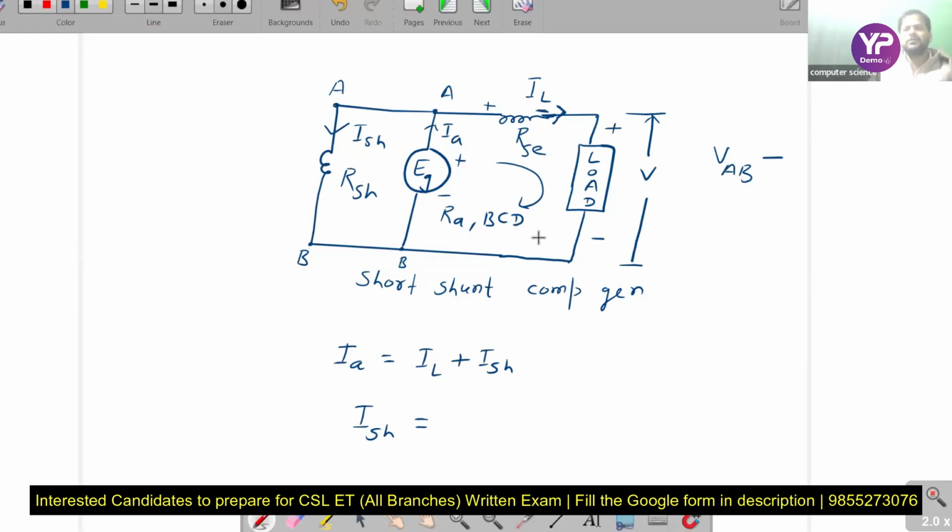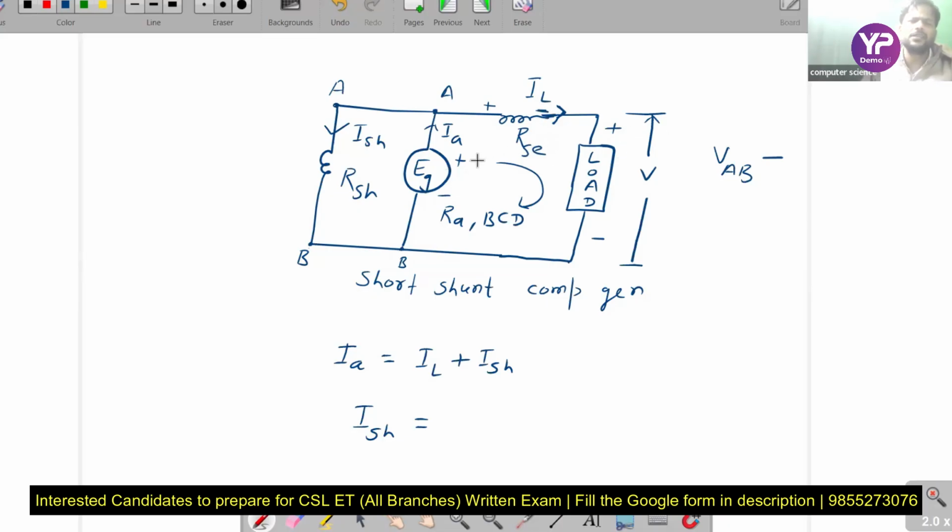To write down the KVL equation, we use the sign of each element, which is the final sign. We don't take the initial sign, we use the final sign.